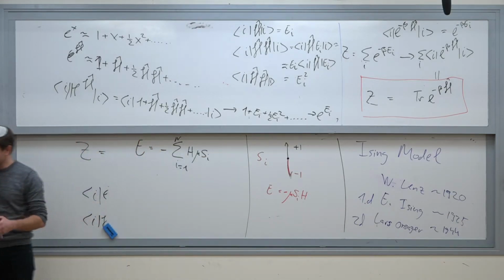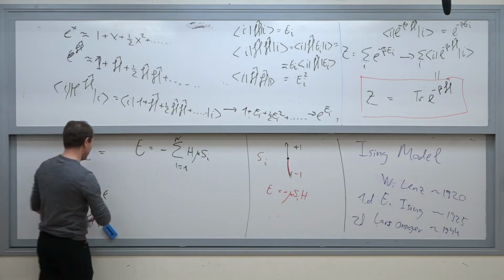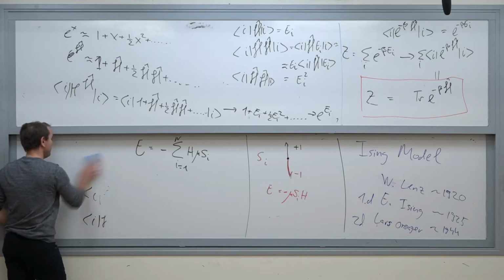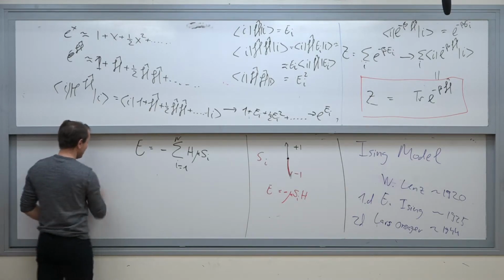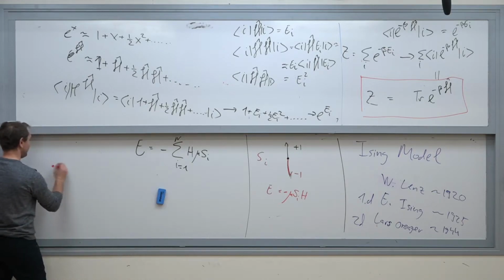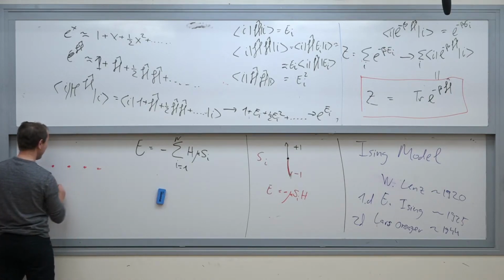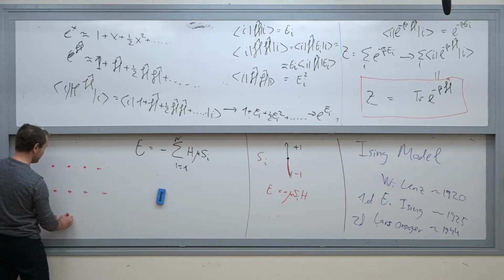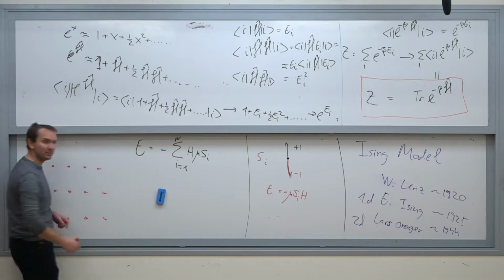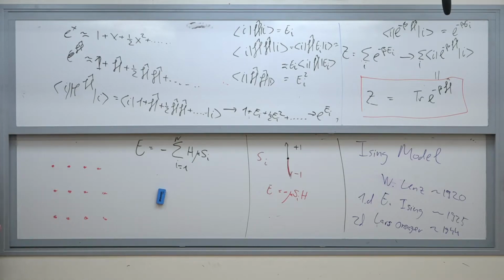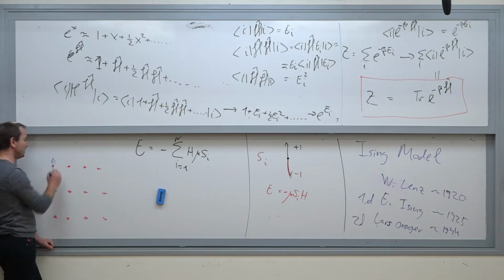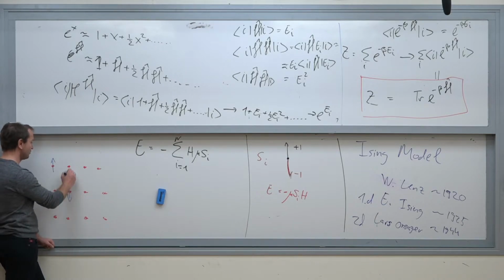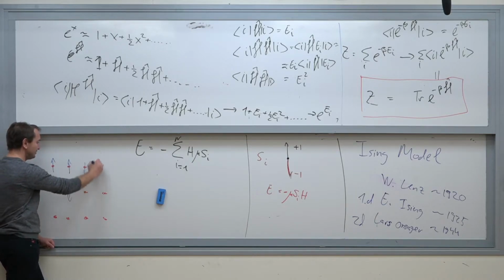So this is a free particle picture. We can plot it as, well, we have a lattice. It can be a one-dimensional lattice, two-dimensional lattice, three-dimensional lattice, four-dimensional lattice, if you can imagine something like this, or five-dimensional lattice, I don't really care. And on each lattice site, we have a spin that points either up or down. This is all we have.